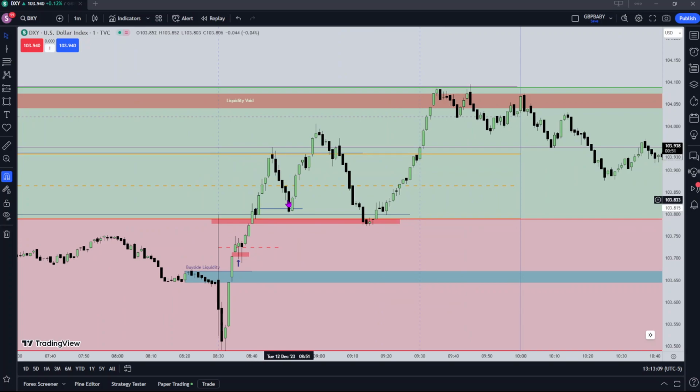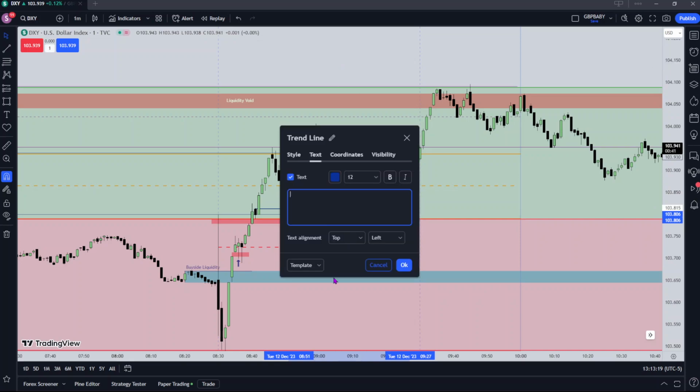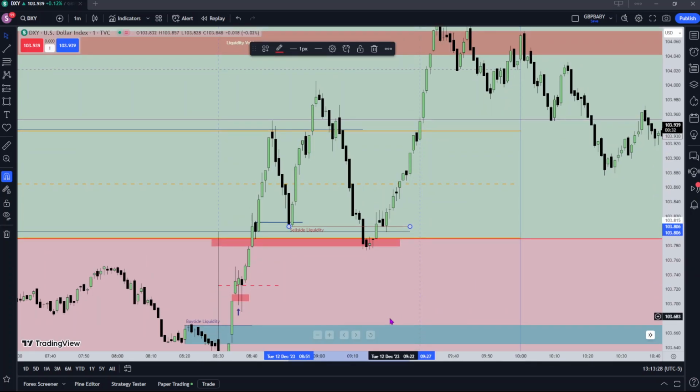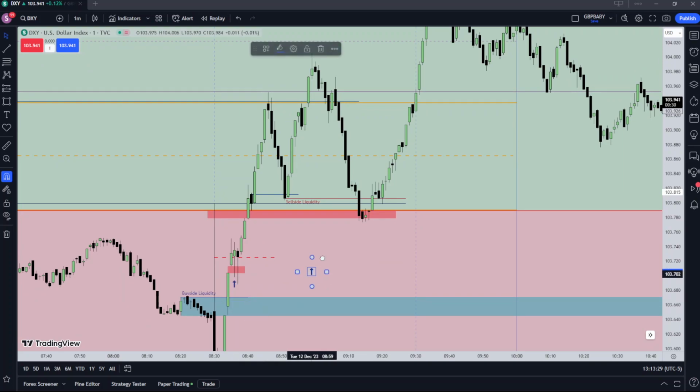If this was going to be a run on stops, we would be seeing it reach below this low, but that never happened. We moved higher, and now we have a swing low created. So they engineered this in, knowing that it'd create stops down there to do that classic run on stops that typically happens once we hit the 50% level of a range. So that's another reason why buying at this point would have been permitted.